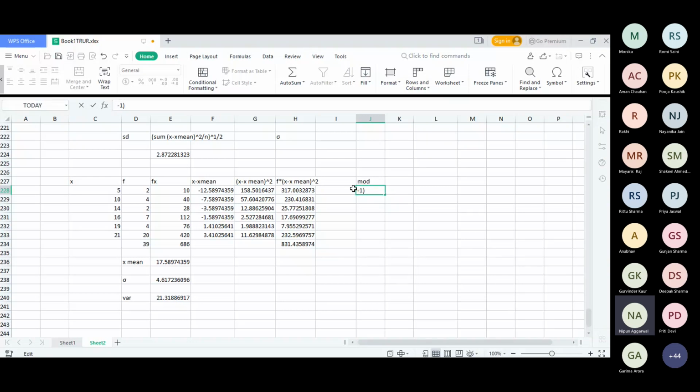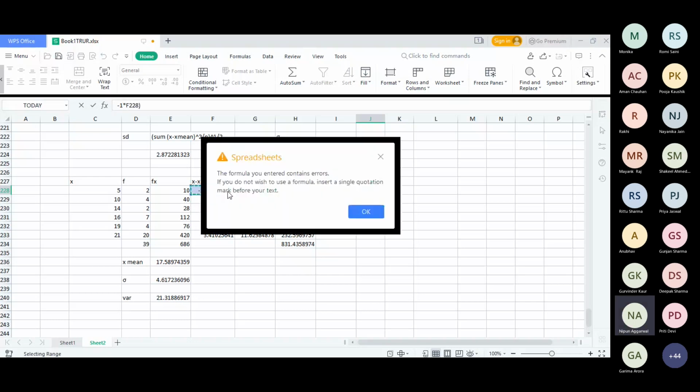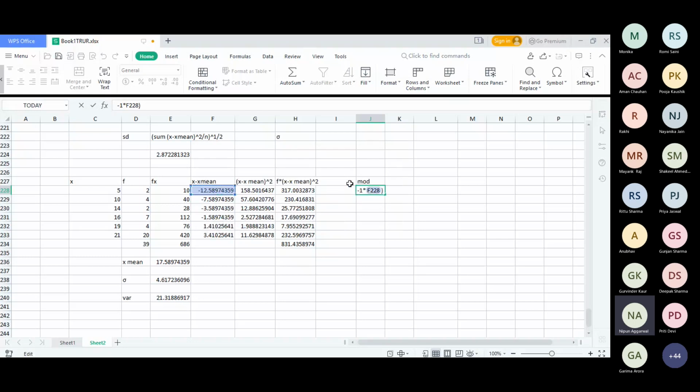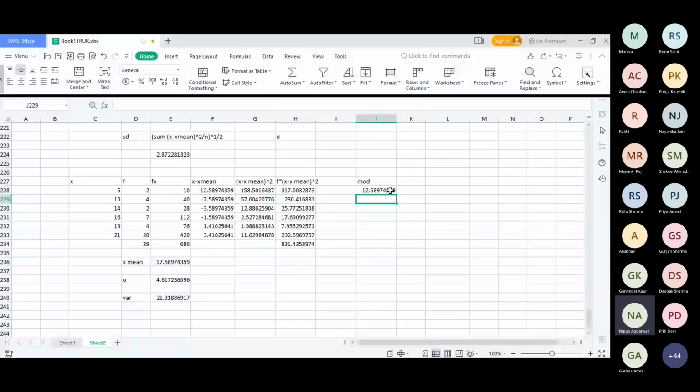So multiply these values by -1 up to this point, and the positive values will remain the same.